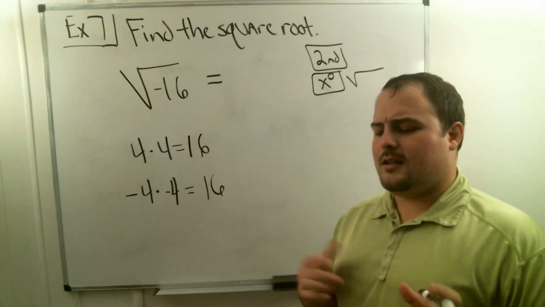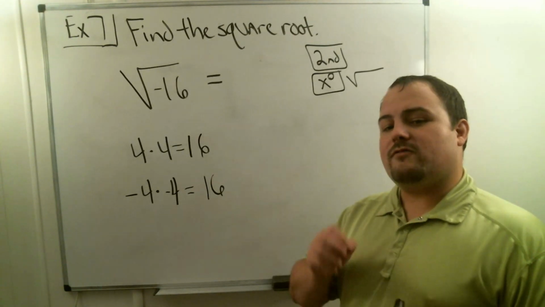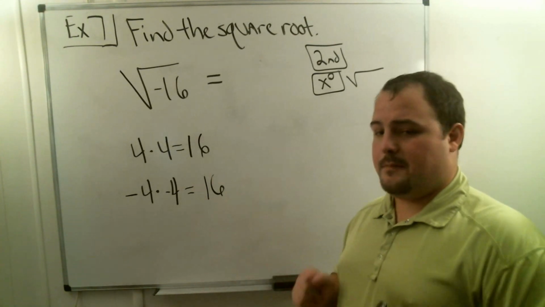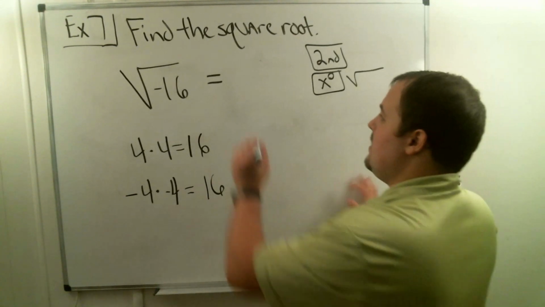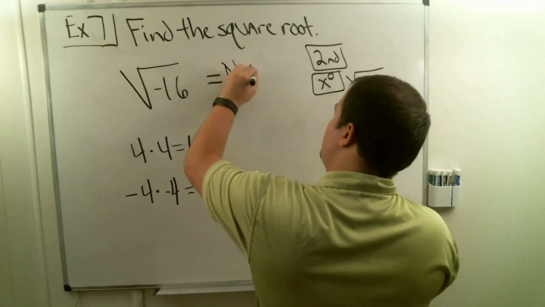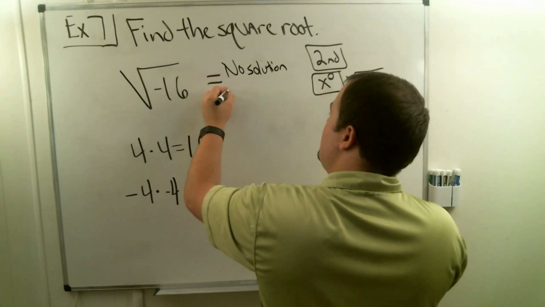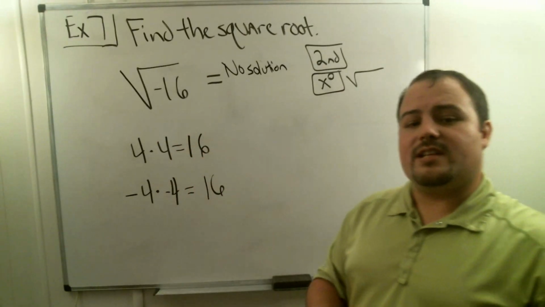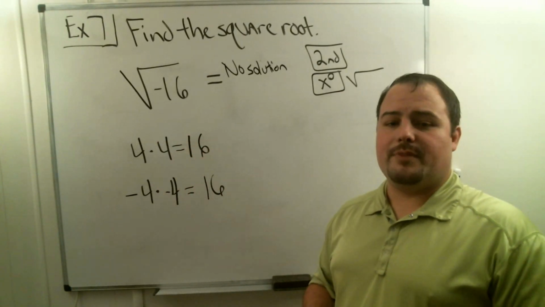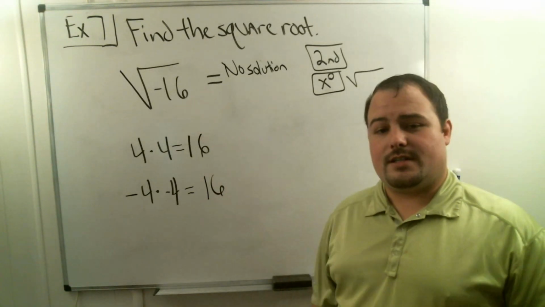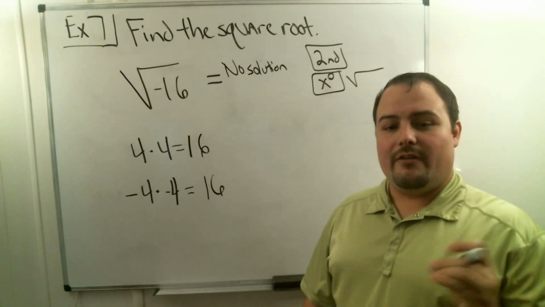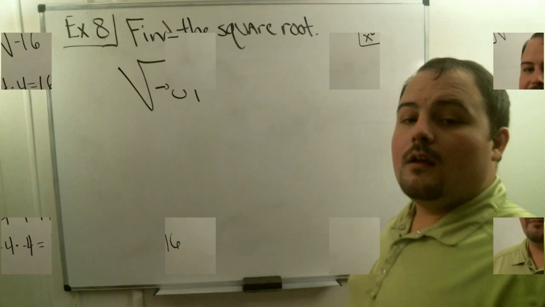And that's not allowed because in a root, we have to have two of the exact same. So this has no solution, because you cannot have two of the exact same numbers multiplied by themselves to equal negative 16. So the square root of a negative number is not allowed.